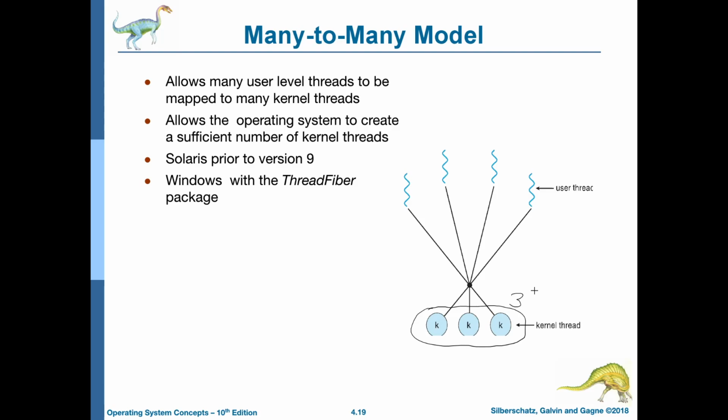This is the limit to the number of kernel threads that are created. Now, if we have 4 threads that are created within a particular process, then those threads are assigned to one of these kernel threads. So let's say this one is assigned to 1, this one is assigned to 2, and this one is assigned to 3.